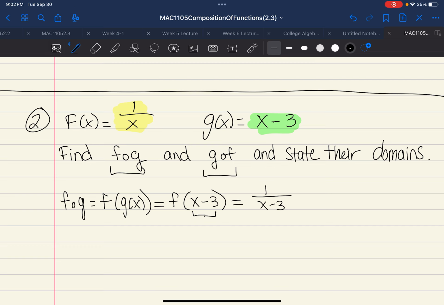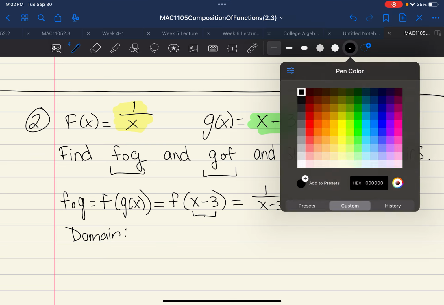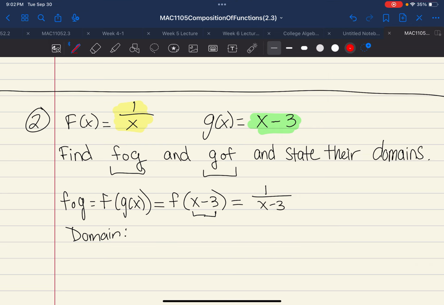And let's talk about the domain of this. So I think about the restriction on this function. And the restriction on this function is that we cannot divide by 0. Therefore, x minus 3 cannot equal 0.